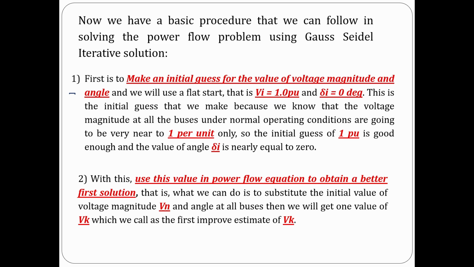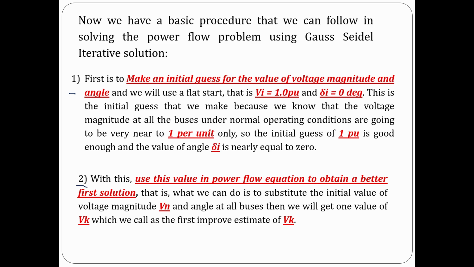This is the initial guess that we make because we know that the voltage magnitude at all buses under normal operating conditions is going to be very near to 1 per unit only. So the initial guess of 1 per unit is good enough, and the value of angle delta i is nearly equal to 0.